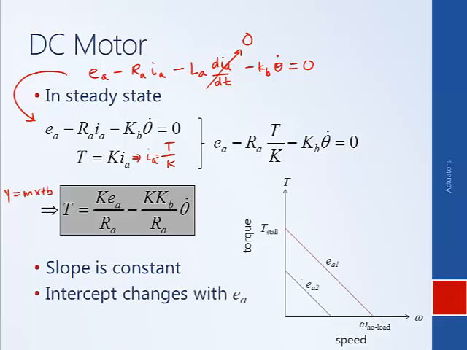We also get that the intercept, the y-intercept, changes as we change the voltage applied to the motor. So you can see when we have one armature voltage, we get this line. We apply a different armature voltage, we get a different y-intercept. And so this is an alternative sort of model of a DC motor.